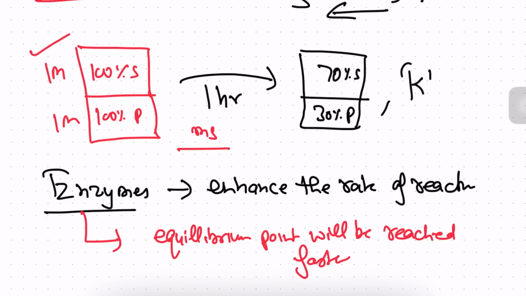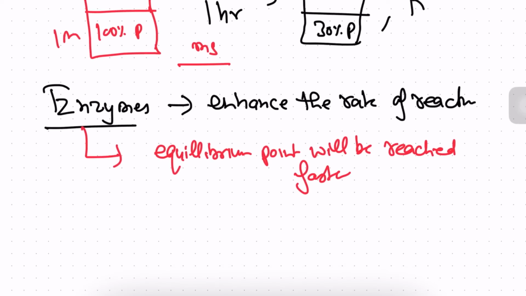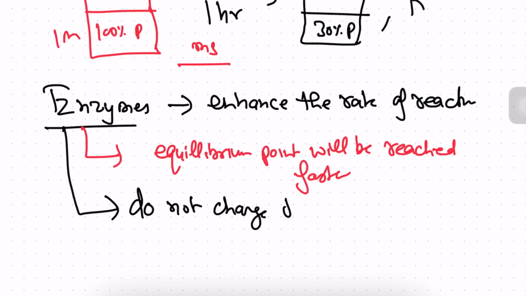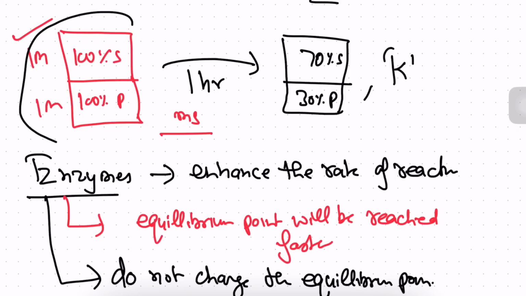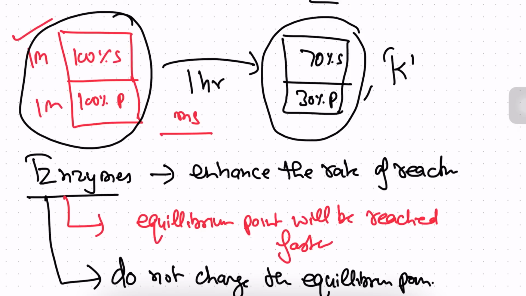But keep in mind, enzymes do not change the equilibrium point. Try to see here, in this reaction at equilibrium, you are going to have 70% S and 30% P.